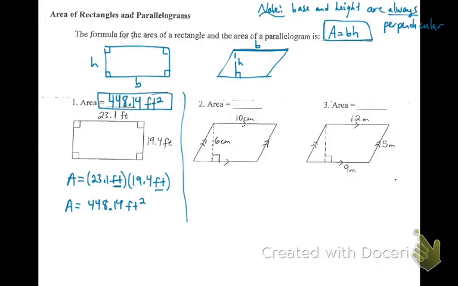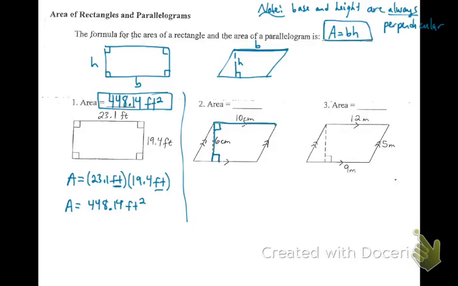Okay, now let's look at an example. So number two, we have a parallelogram. Notice I have the base and I have the height. Those are two perpendicular lengths. Even though the perpendicular symbol is down here, I know it's going to also be up here because the lines are parallel, and that would create part of a little rectangle.